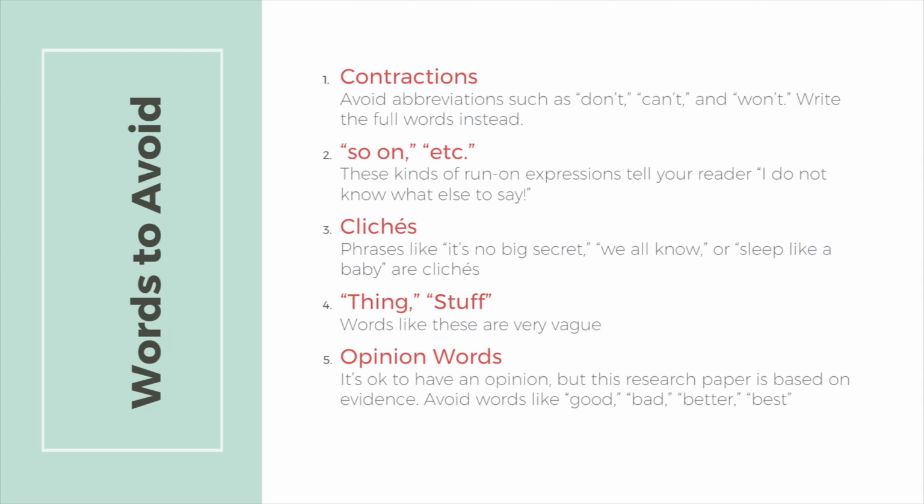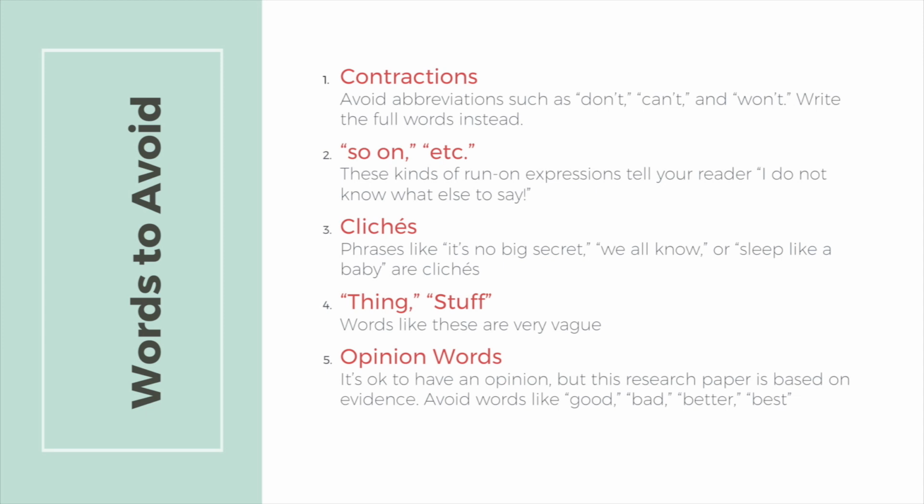Avoid run-on expressions like "and so on," "etc." All they do is tell your reader you don't really know what to say. Avoid using cliches like "it's no big secret," "we all know," "sleep like a baby." You just don't need them in an academic paper. Also, words like thing and stuff make you sound vague. Be more specific. Finally, avoid words like good, bad, and better.